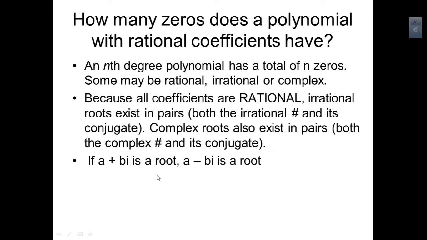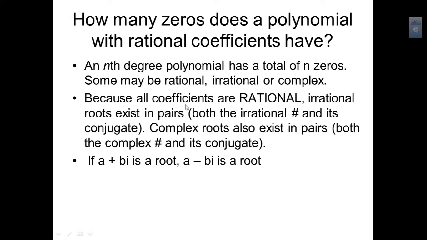Now, what that means is that if you have a polynomial with rational coefficients, it has to have rational coefficients. If it doesn't, this doesn't work. If it has rational coefficients, then irrational roots are going to exist in pairs. You're going to have a number and its conjugate. And here's an example of a complex root, a plus bi, and its conjugate, a minus bi.